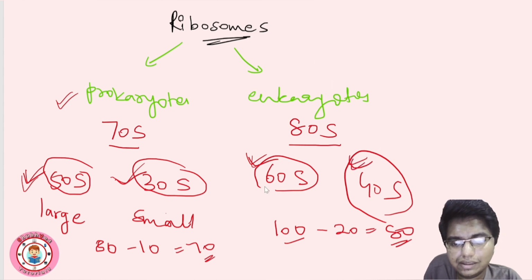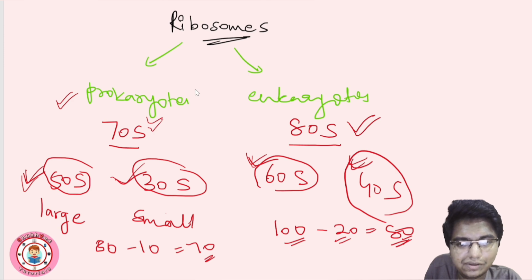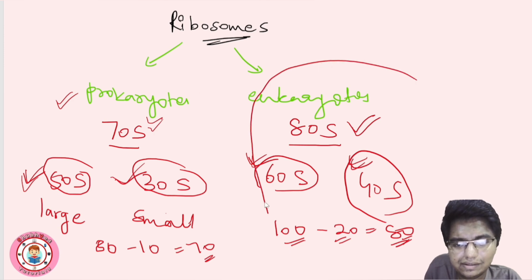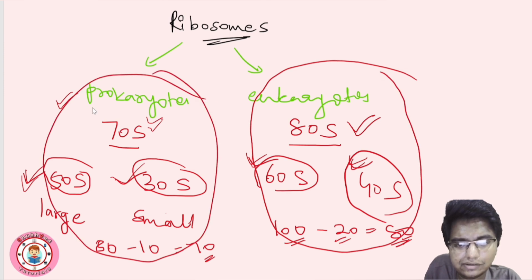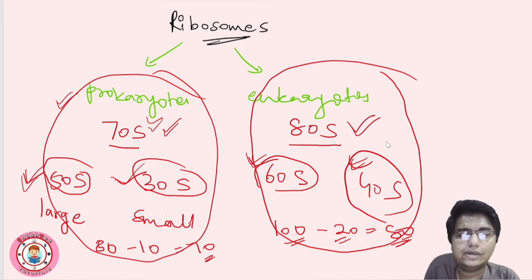As well as in the case of eukaryotes, total is 100 minus 20 is 80. So this is confirmed in eukaryotes. If this is 80, this is 70. Okay, either you can remember one side completely, eukaryotes, and compare it with prokaryotes. It will be easy, or just keep on reading 70S, 80S, 50S, 30S, 80S, 60S, 40S. Got it? This is about ribosomes.